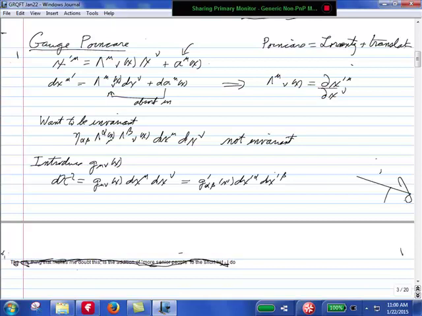We still have to construct some equation that's roughly something like box G is something like T mu nu.